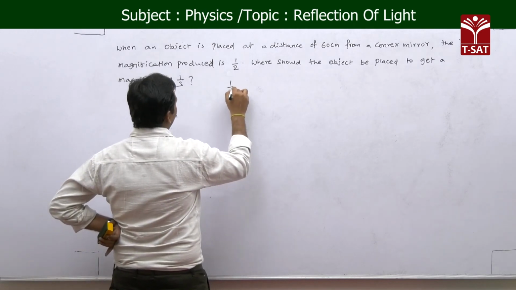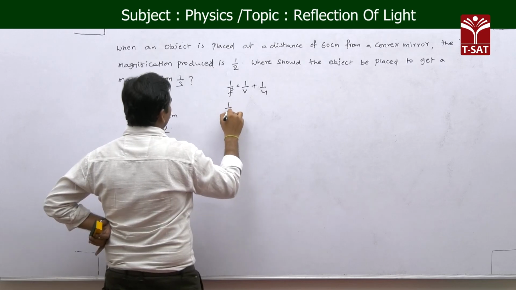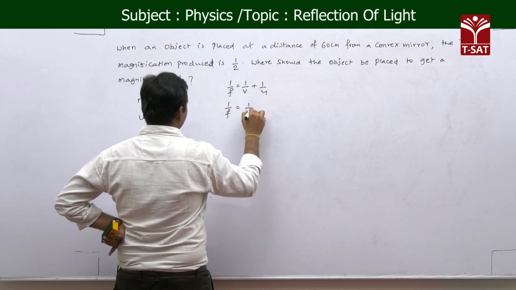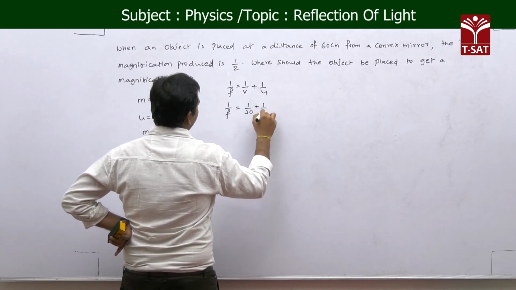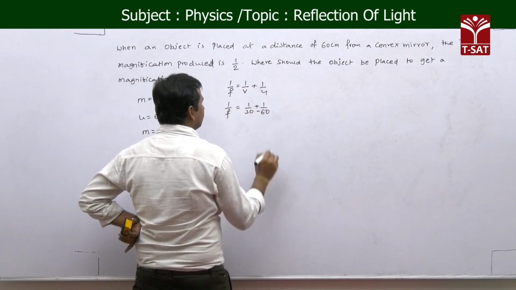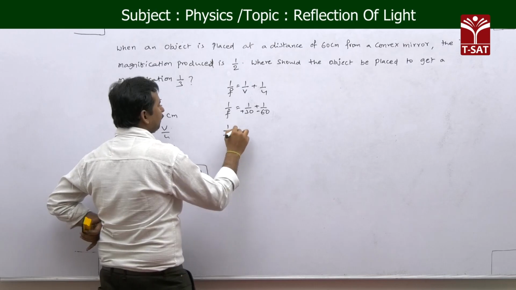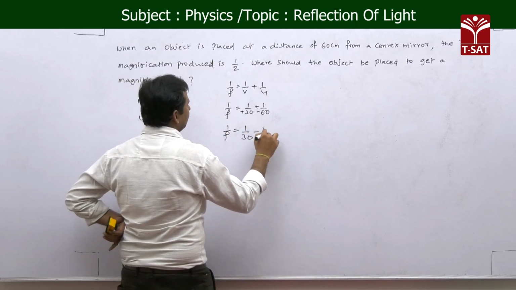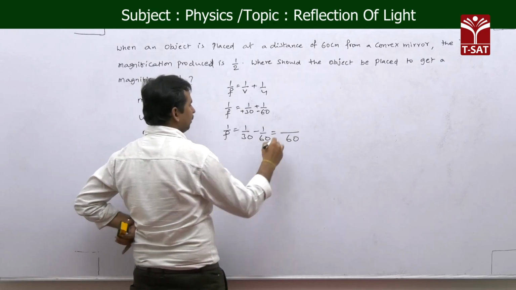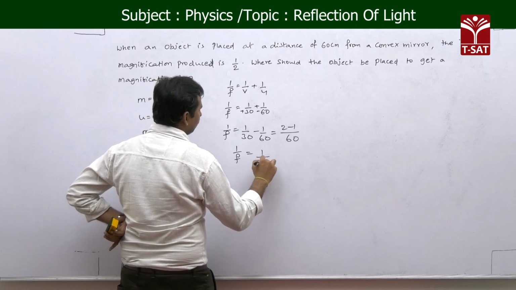Then from the mirror formula 1 by f is equal to 1 by v plus 1 by u. Then 1 by f is equal to, v value is given as 30 and u value is 60. Then according to the sign convention, object distance is minus, image distance is plus here for convex. Then 1 by f is equal to 1 by 30 minus 1 by 60, which, if you take LCM 60, is 2 minus 1, then 1 by f is equal to 1 by 60.